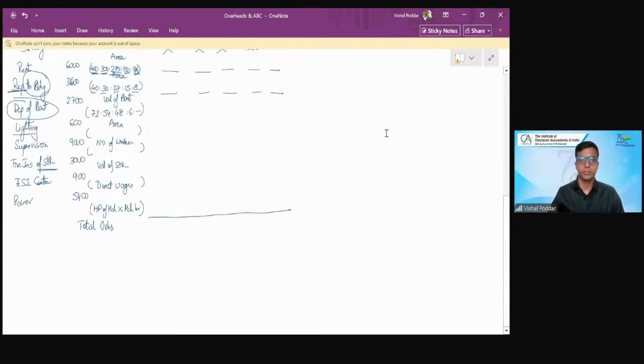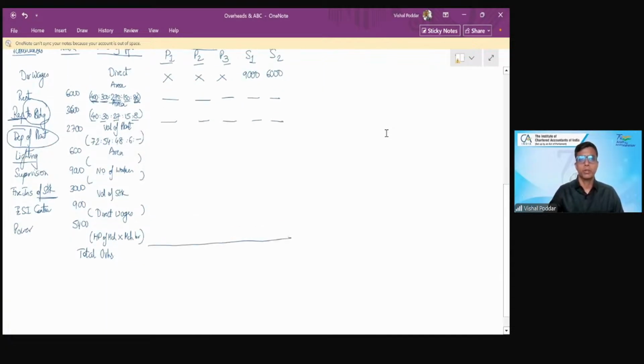Is this fine, students? Now I'm not spending time doing actual calculations. I'm just taking assumed figures. These are not the final answers. These are just assumed figures to show you how your answer would finally appear. So this is how, after doing all this allocation and apportionment of expenses, you get the final answer of primary distribution.